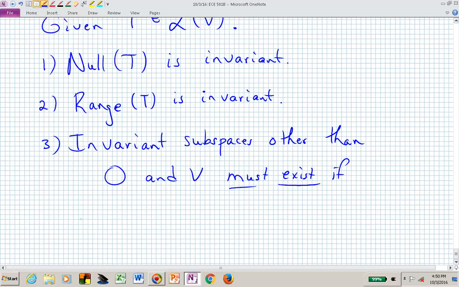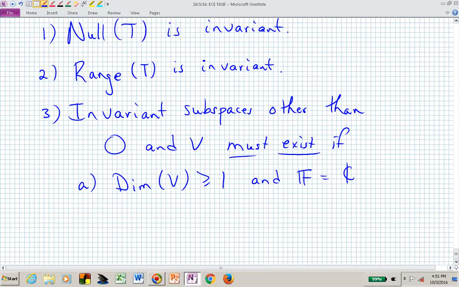if A, the dimension of our underlying vector space V is greater than or equal to 1, and our underlying field is the field of complex numbers. So we know now that we have invariant subspaces that are one-dimensional or larger.